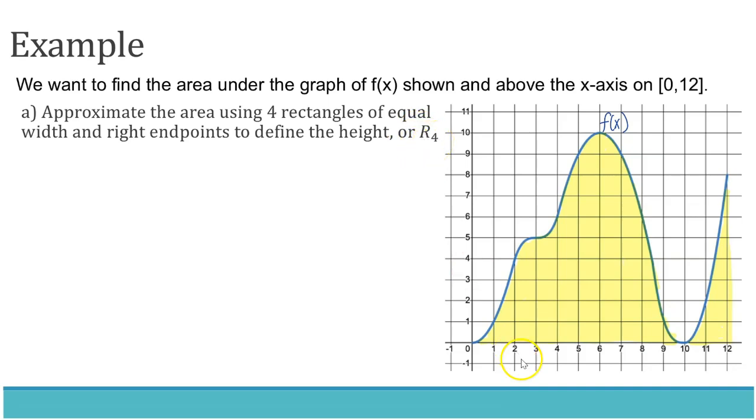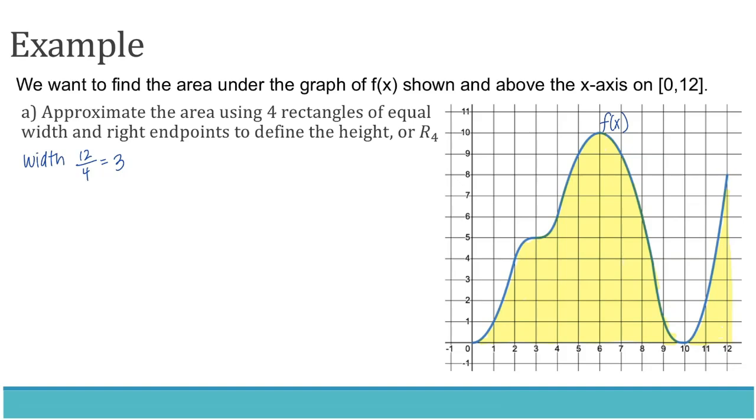Alright, so the interval that we are interested in extends from x equals 0 to x equals 12. So if I want 4 rectangles of equal width, in order to find the width of each rectangle, I'm going to have to take 12 divided by 4. So the width of each rectangle is 3, which is a calculation you can do in your head.